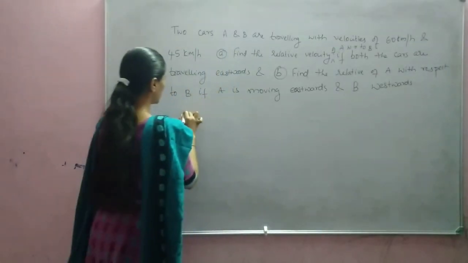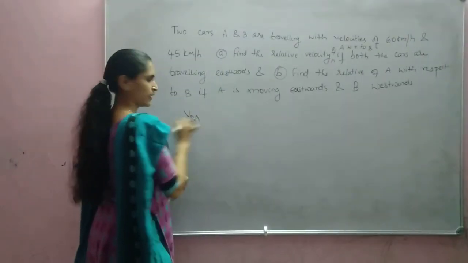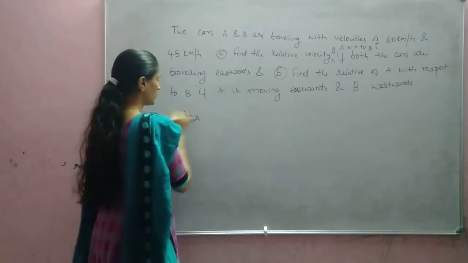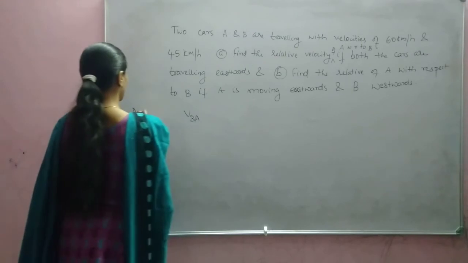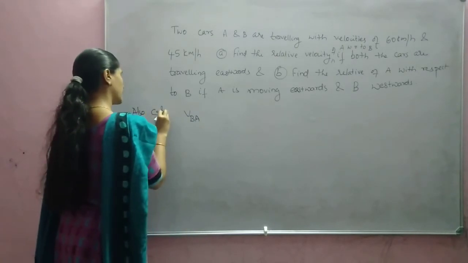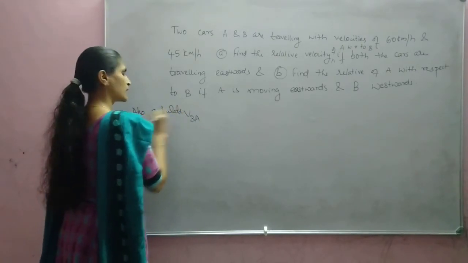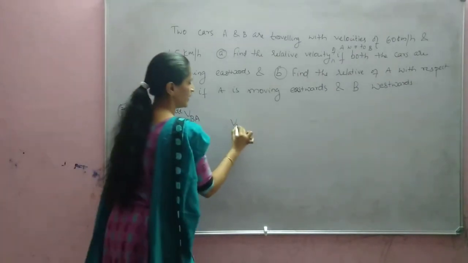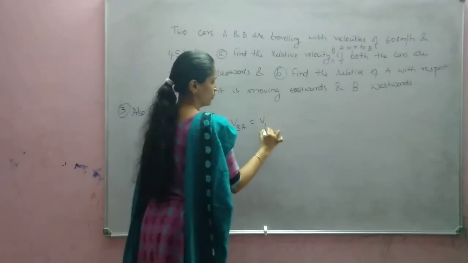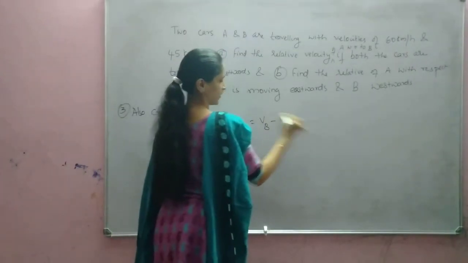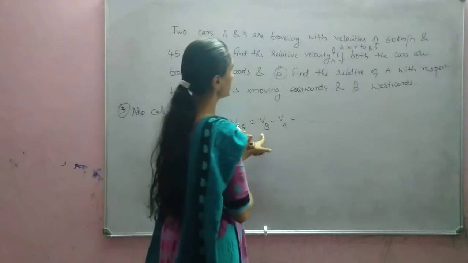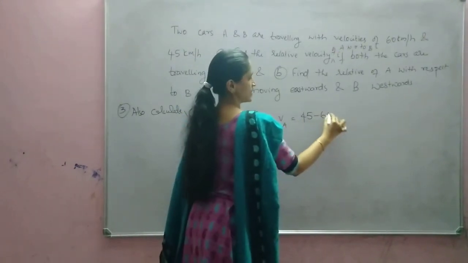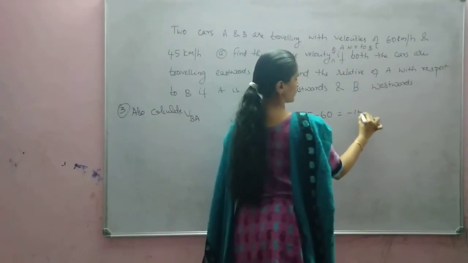Instead of this, if they ask to find VBA, velocity of B with respect to A, what you have to do? VBA is equal to velocity of B minus velocity of A. What is the velocity of B? 45 minus 60, which is equal to minus 15.